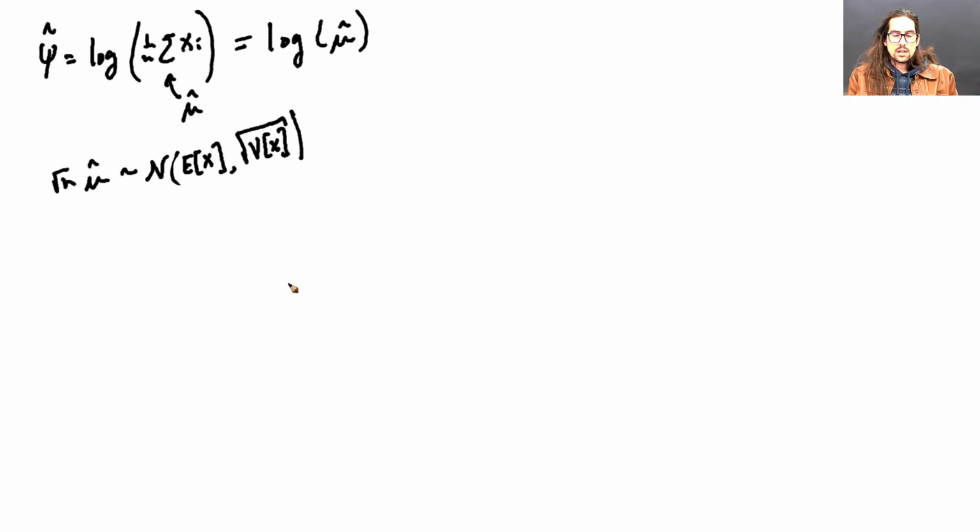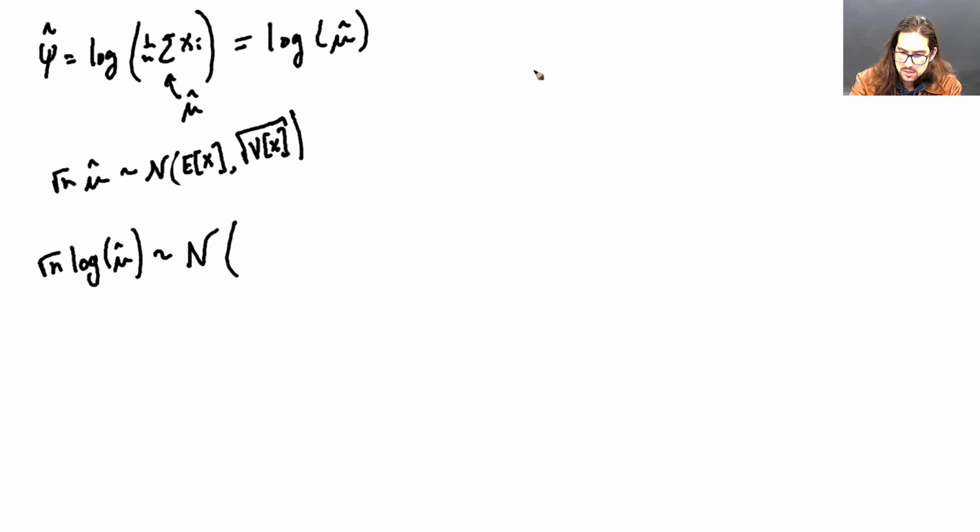So how can I use that? How can I then find the sampling distribution of the log of that? Well, what the delta method says is that if I want to know the sampling distribution of log of mu hat, that will be, by just looking up the formula, I'll just put what the delta method says.